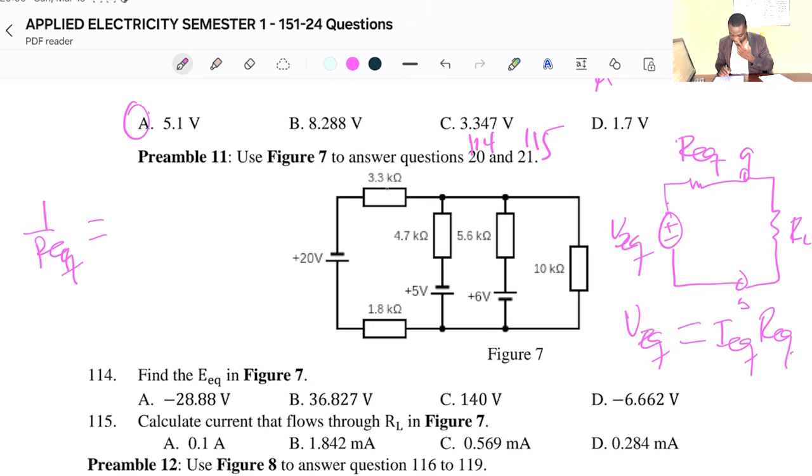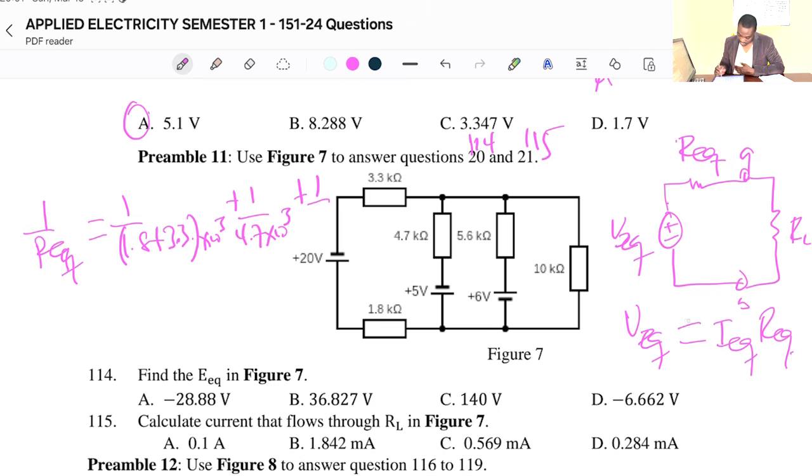Here, 3.3 kilo ohms and 1.8 kilo ohms are in series, so that will be 1 over (1.8 plus 3.3) times 10 to the power 3, plus 1 over 4.7 times 10 to the power 3, plus 1 over 5.6 times 10 to the power 3. When you do all this, the equivalent resistance will give you 1.7 kilo ohms.